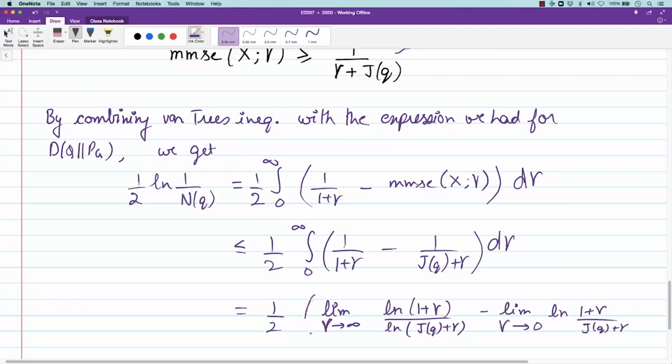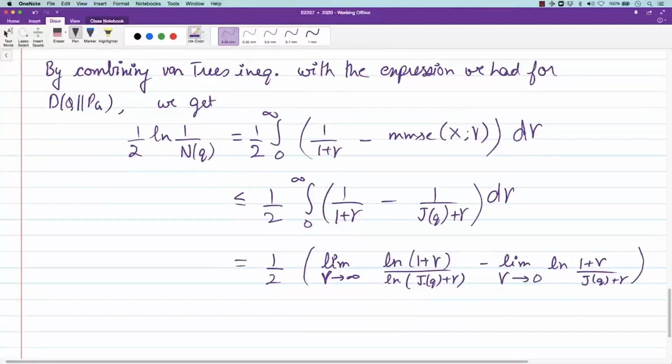So in the limit as gamma goes to infinity, this thing is just 1, and the log of 1 is 0. And as gamma goes to 0, this is 1 by J(Q), so there's a minus log. So that's log J(Q). This is exactly equal to half ln J(Q).